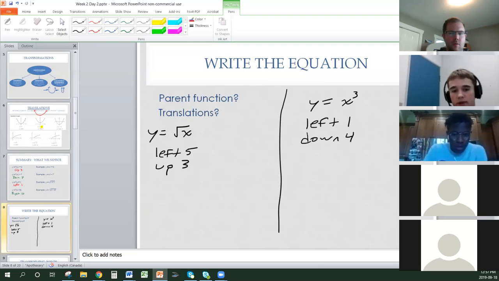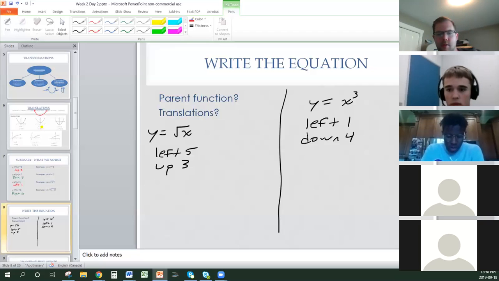Do you want them as like f of x or y equals? You could just write y equals. Okay. And if you're looking for a square root function, you could just write it as that.